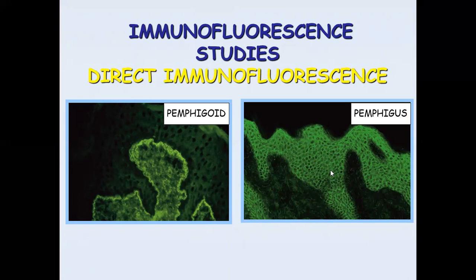It can be IgG or IgA, but the appearance is this bright green immunofluorescence, which we see because of deposition of antibodies on particular antigen sites in the desmosome. And in pemphigoid, this kind of staining is seen as linear IgG staining at the dermo-epidermal junction.